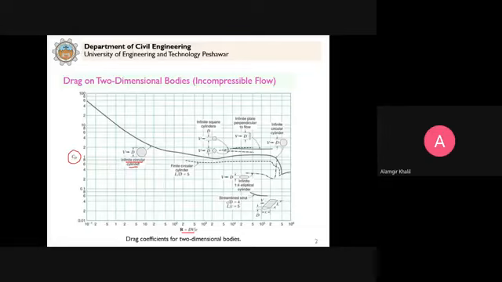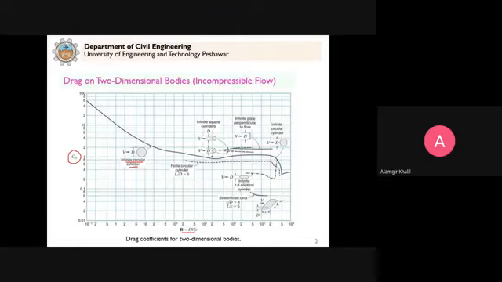Infinite in the sense that the length is infinite to avoid the end effects on the flow. The graph of CD versus the Reynolds number is very much similar to what we saw earlier for a sphere, three-dimensional flow.